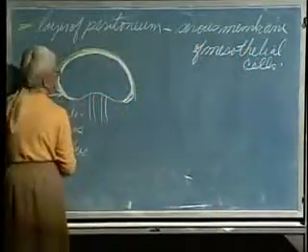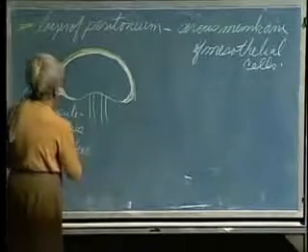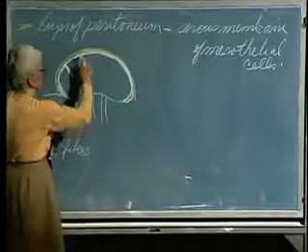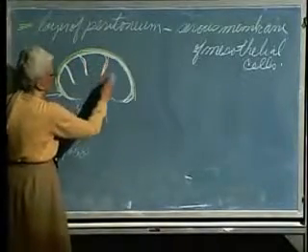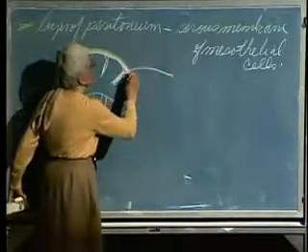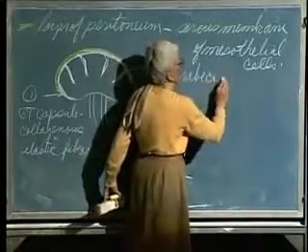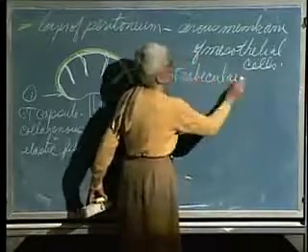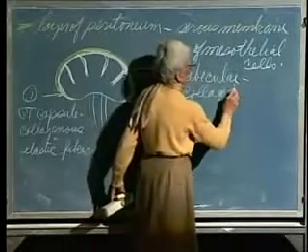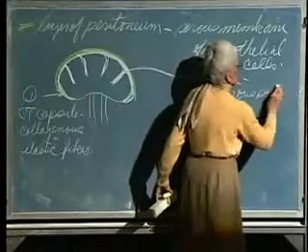Then, to give internal support, it has trabeculae made of collagenous fibers that divide it off. These represent trabeculae. They're collagenous fibers, just giving the internal support.